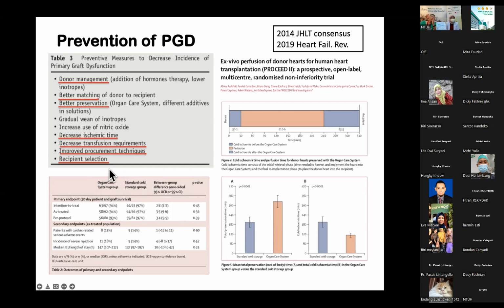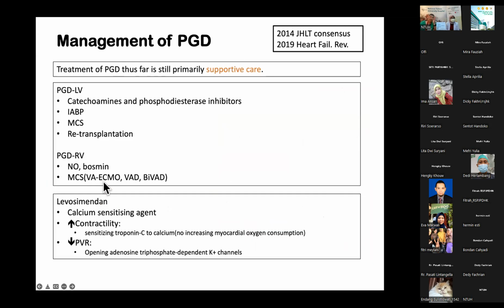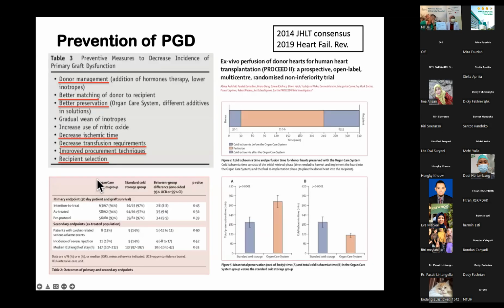And in some countries, it's not paid by the patient itself. So it takes a lot of money. As I remember, about 30,000 US dollars for each patient. So, but only for the borderline heart.